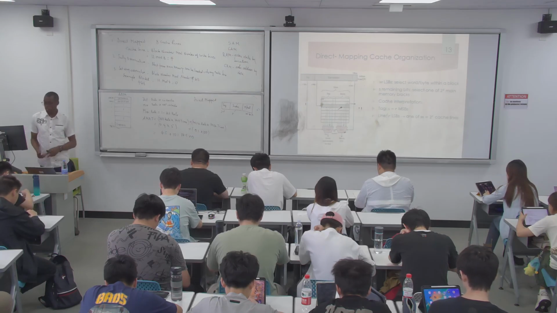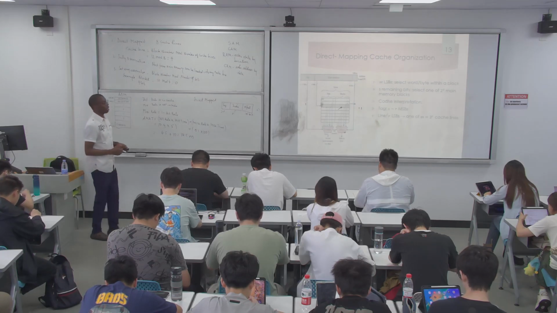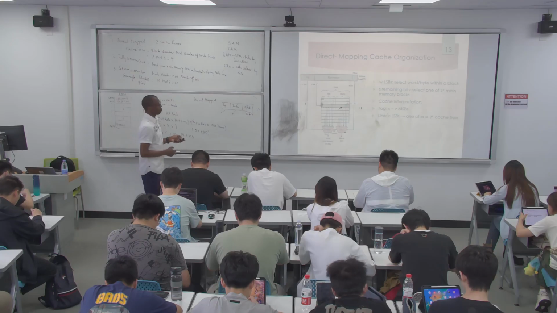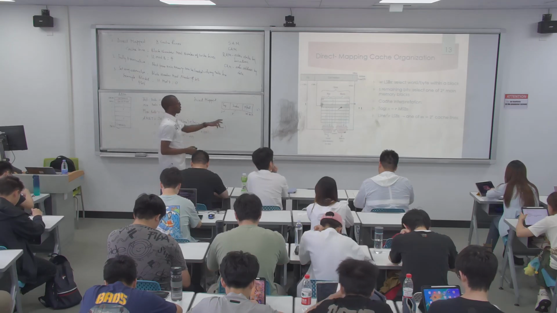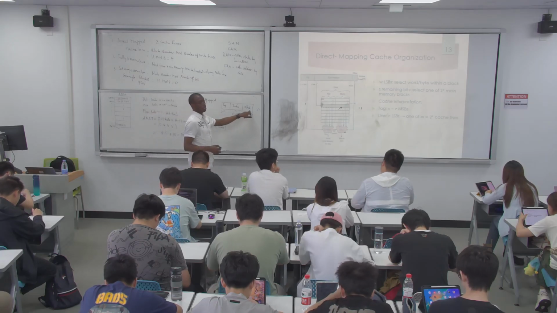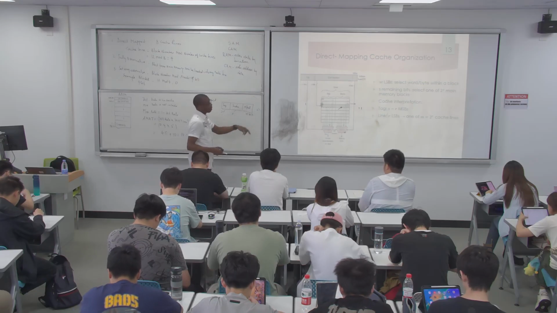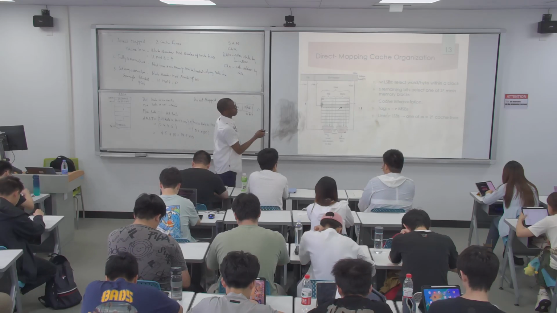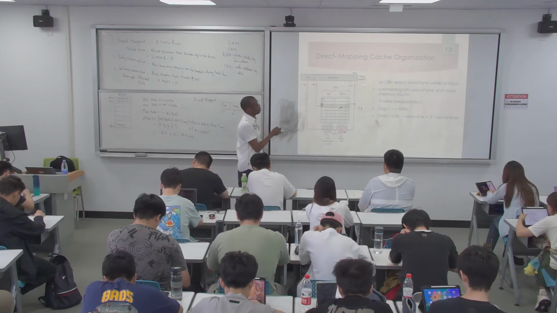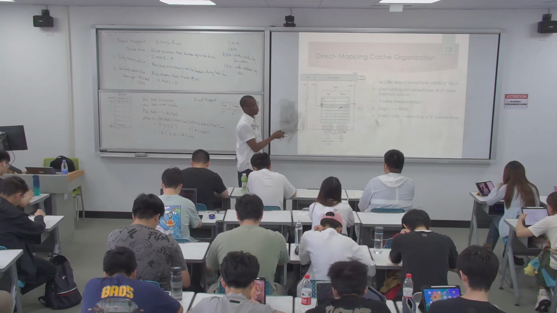The index decides the line in the cache into which the main memory block will be loaded, and the offset decides the word within a block. We have the W least significant bits, which are needed to select a word or a byte within a block.